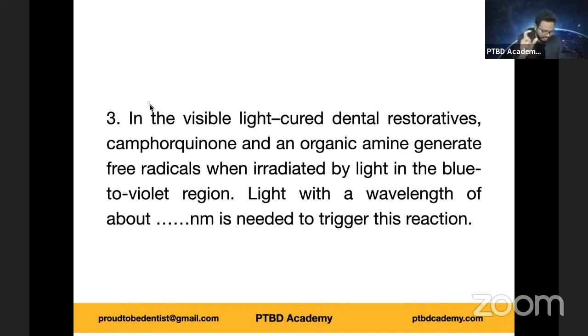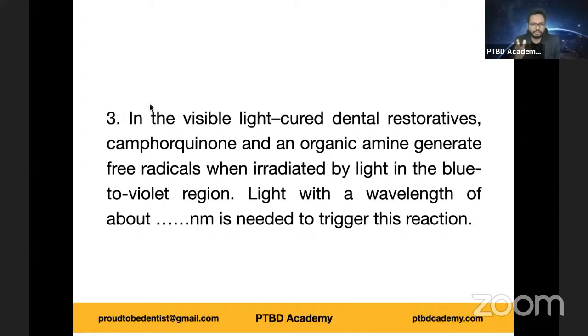You can give me a specific wavelength. Light with a wavelength of about dash nanometers is needed to trigger this reaction. So give me some value, let's see. You know the visible light range, so I'm sure you'll be able to answer it right. Even if your value is close to the given answer, you'll be given plus 10, right?